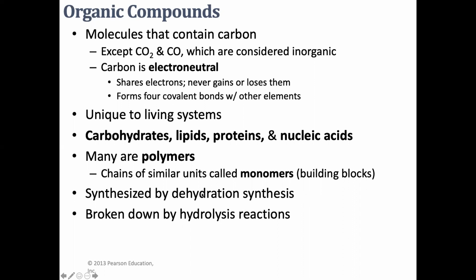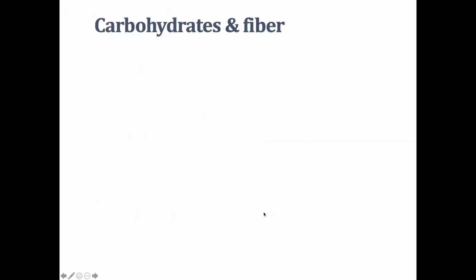So these reactions, the building up reactions, are called anabolic reactions, and they require energy to happen. And that energy is in the form of a molecule called ATP. We'll talk a little bit about that later. And the breakdown reactions release energy that can be captured, and then the cells in our body can take that energy and give it to ATP so that we can use it to do work, okay?